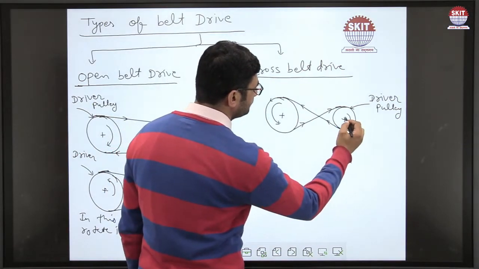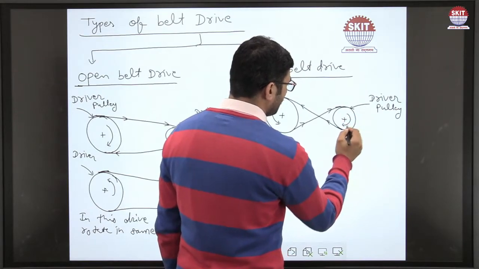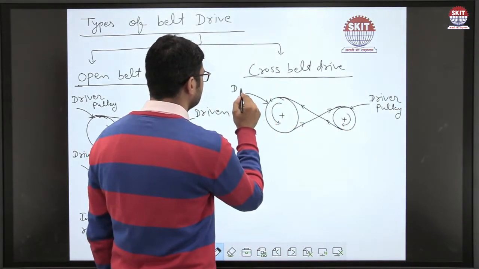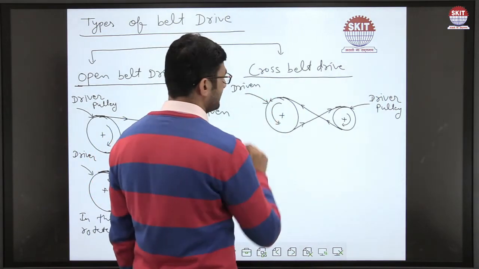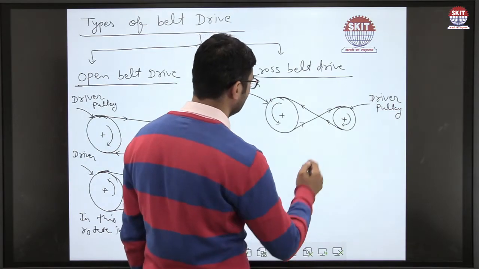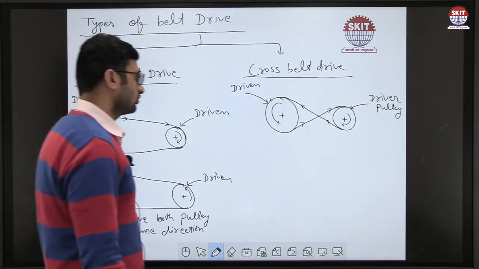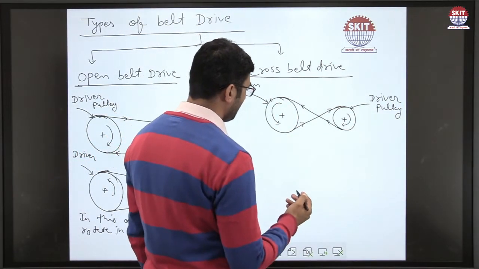Here the driver pulley rotates in the clockwise direction, but the driven pulley rotates in the anti-clockwise direction. So in the cross belt drive, both pulleys rotate in the opposite direction.